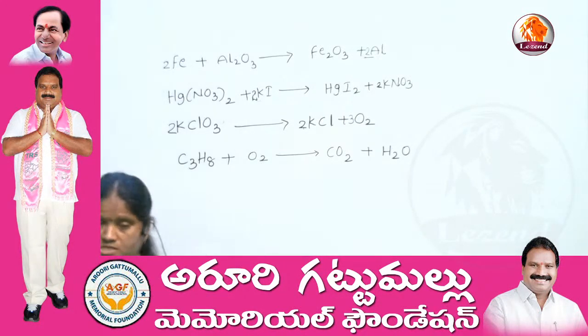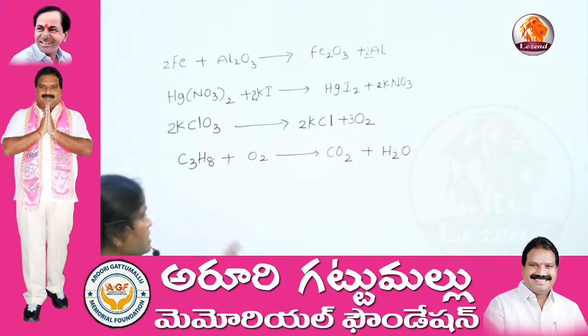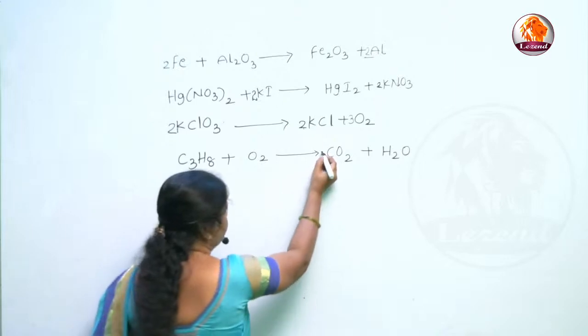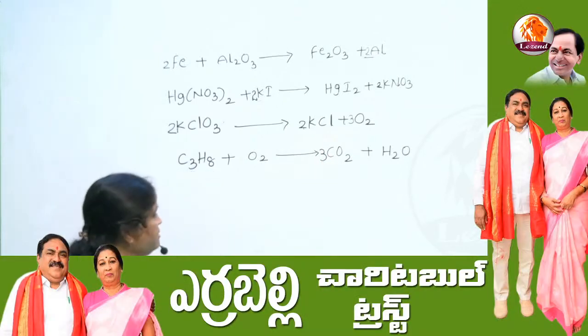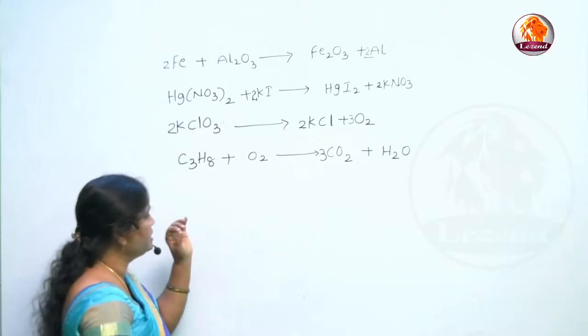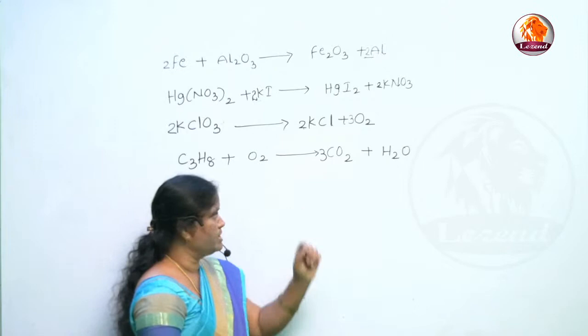So the atoms of each element, oxygen, hydrogen and carbon, on both sides we need to balance. First, carbon atoms are 3 on the left side. If I put 3 before the carbon dioxide, the carbon atoms become balanced. But again we need to compare the remaining elements.